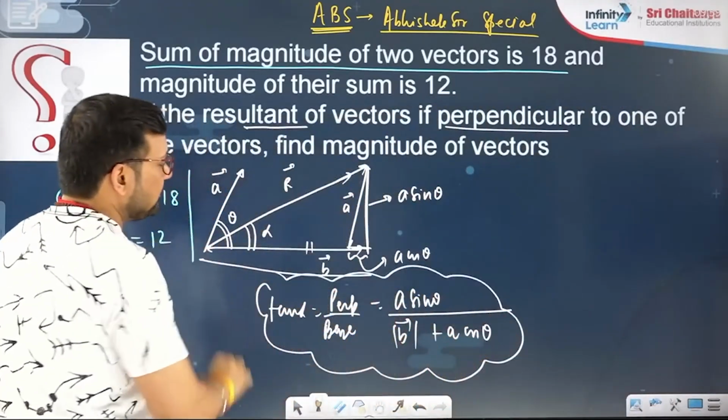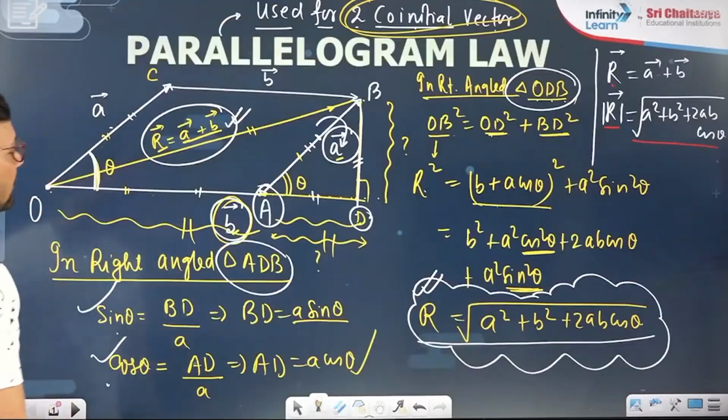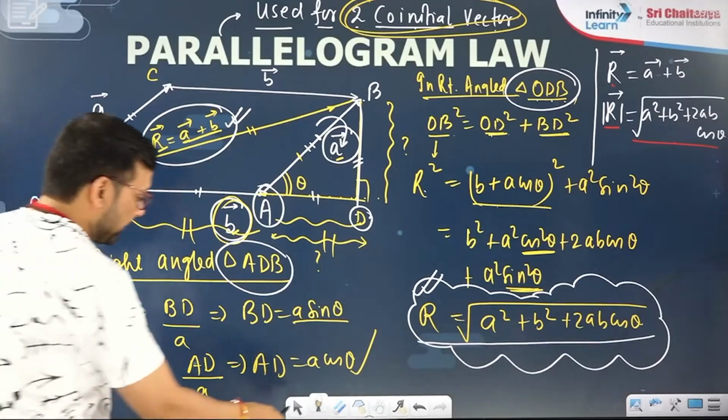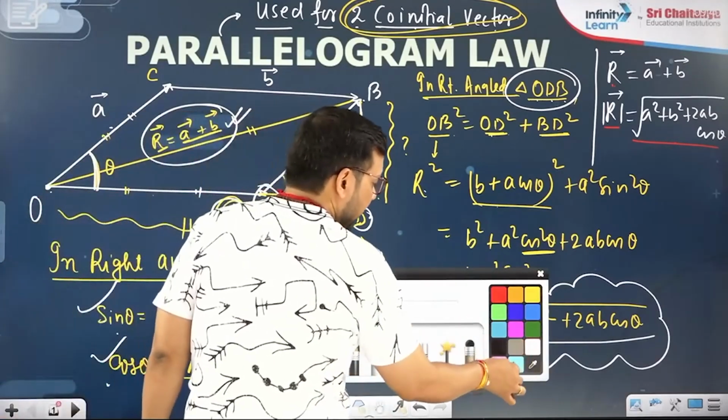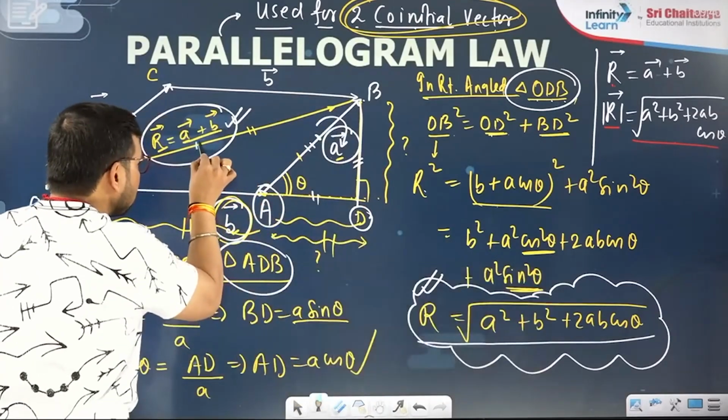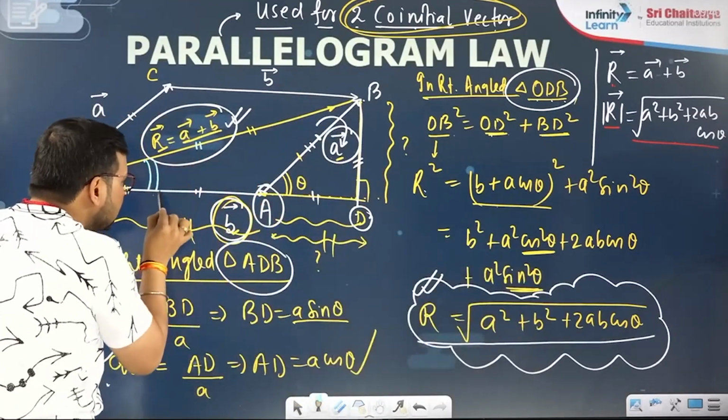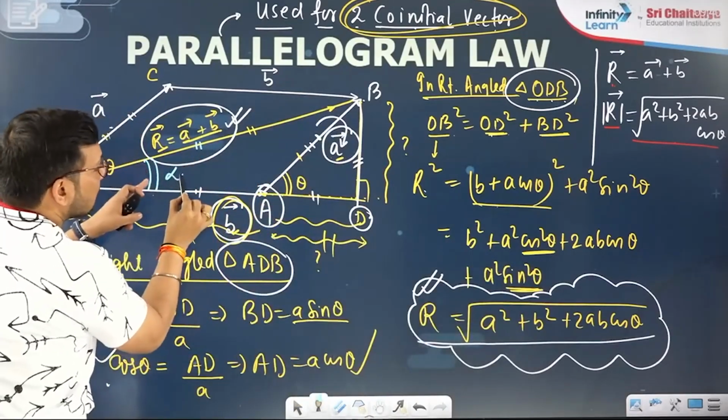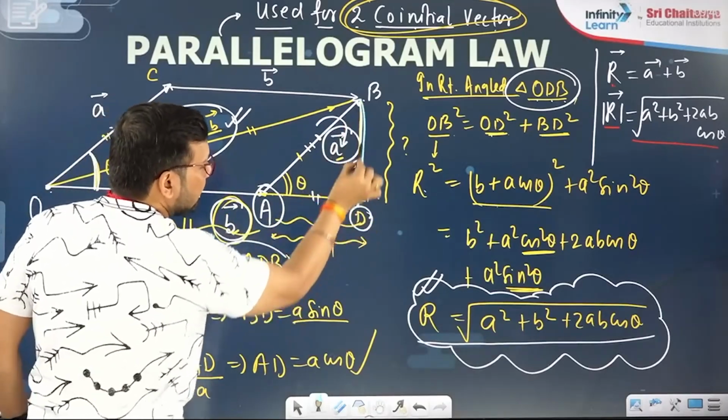I am showing you in the previous slide also. Everyone look here. In this slide, this was your resultant and its angle with this vector was alpha. For this alpha, perpendicular is BD.